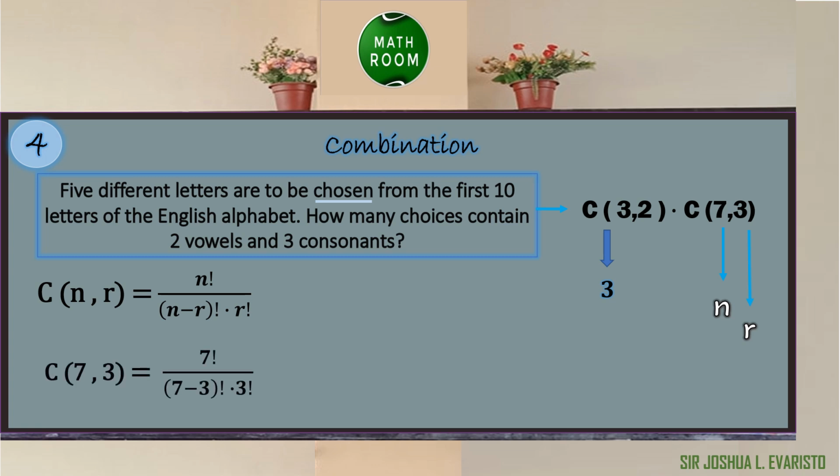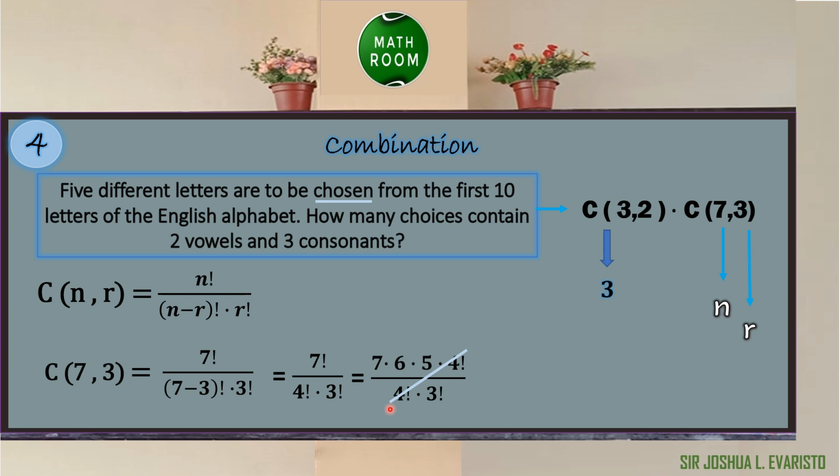So we have combination of 7, 3 is equal to 7 factorial over quantity 7 minus 3 quantity factorial times 3 factorial. Evaluate 7 minus 3 is equal to 4, so we have 7 factorial over 4 factorial times 3 factorial. 7 factorial can be written in the form of 7 times 6 times 5 times 4 factorial, so that we can cancel 4 factorial on the numerator and denominator.